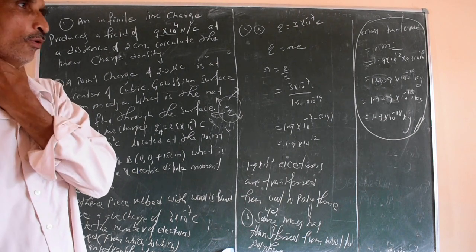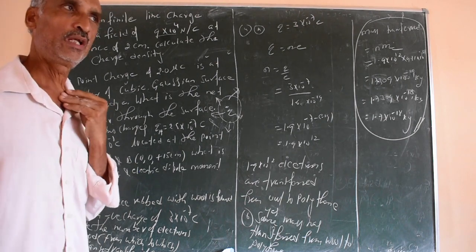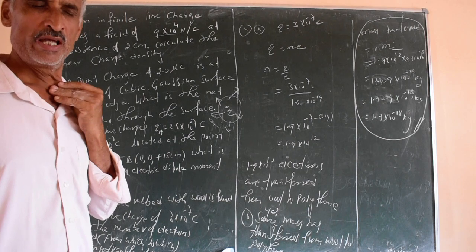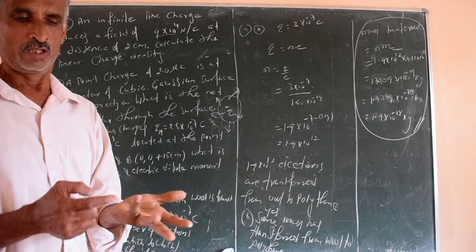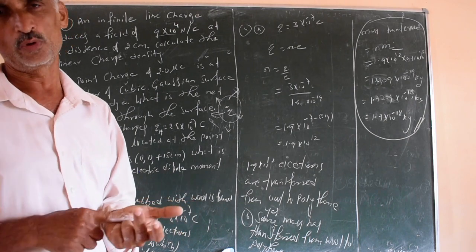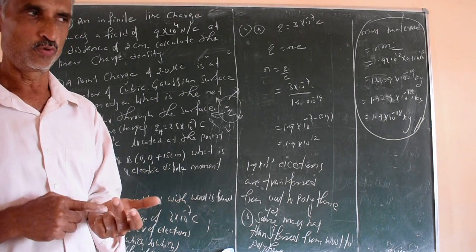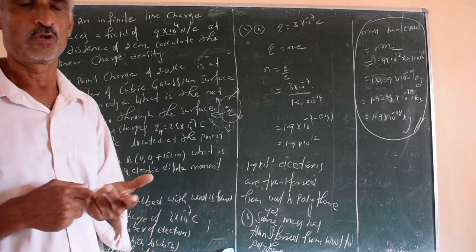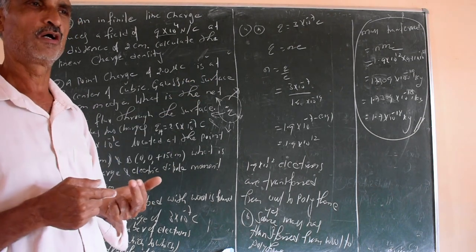Okay, this is all about electric field, and in this, one derivation and one problem are sure. As far as derivation is concerned, electric field on the axial line of a dipole and electric field on the equatorial plane are important, and two more derivations using Gauss's theorem.